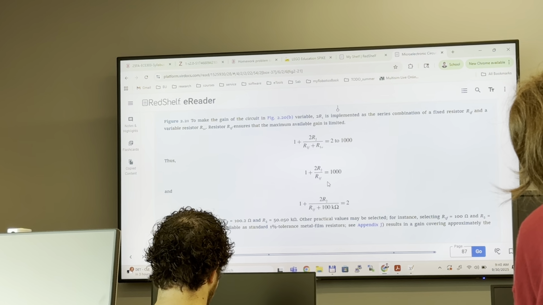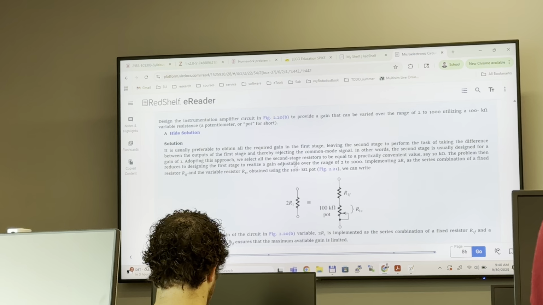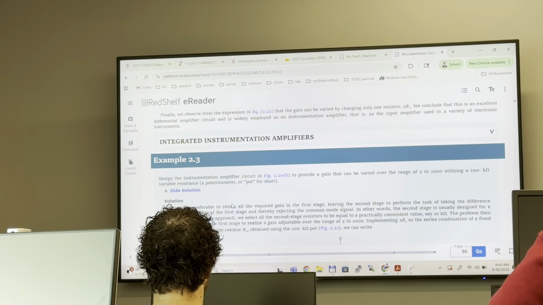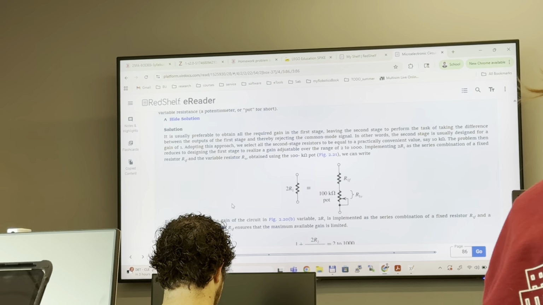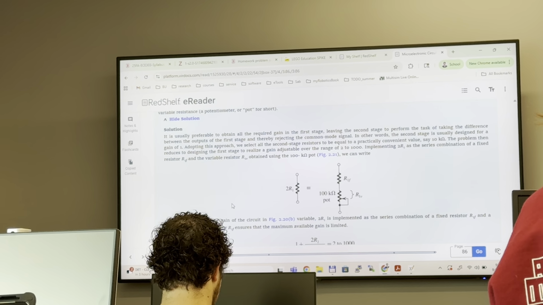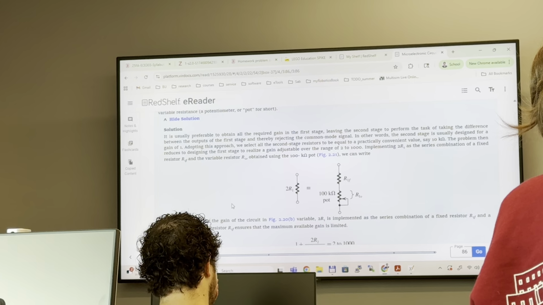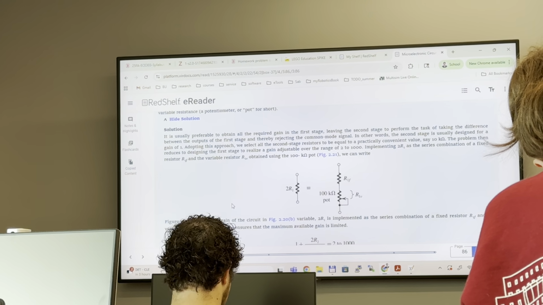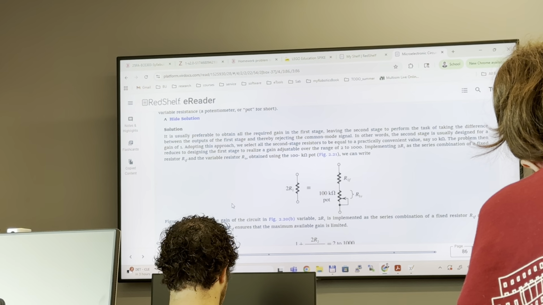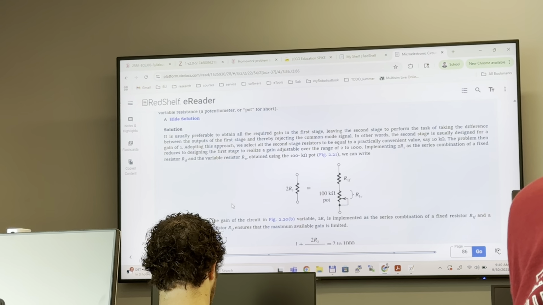It's not that big of a solution, so make sure you go through this example. A slightly modified version of this example is one from the end of chapter problems, so solve those end of chapter problems.